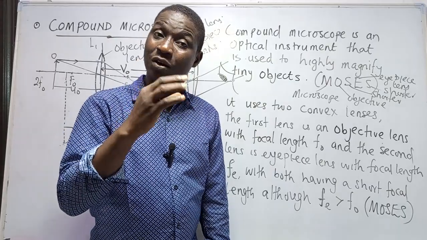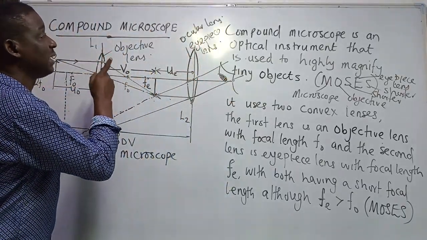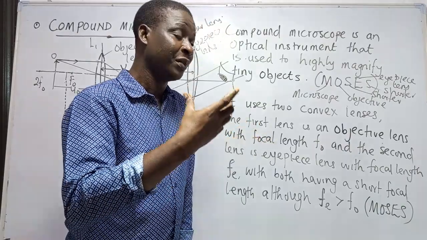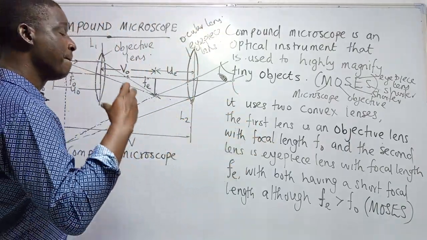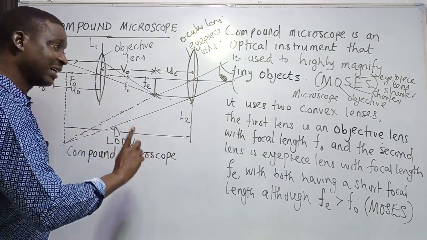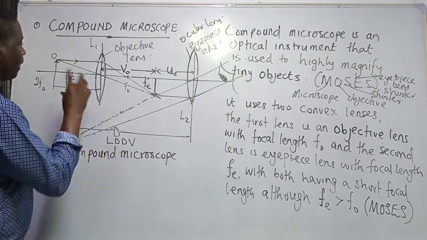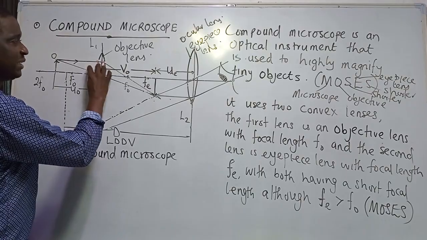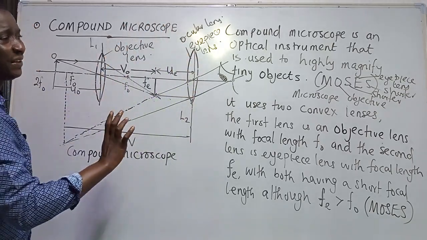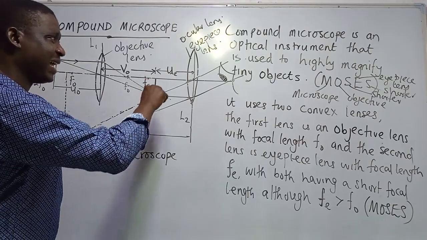Don't forget that microscopes are optical instruments generally used for magnifying images. But in this case, the principle works in a way that the image produced by the objective lens is now used as the object by the eyepiece lens. Now, which one is called the magnifying glass?